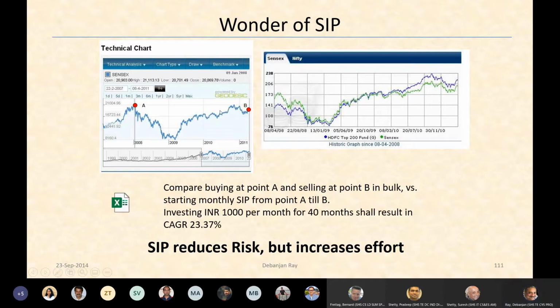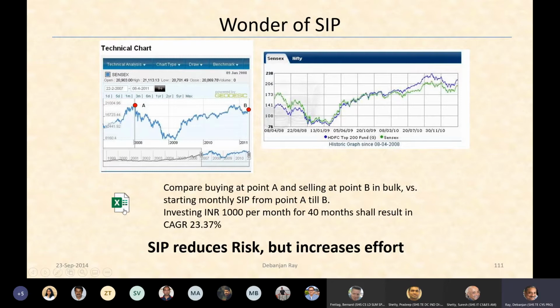Now imagine some people who have bought stock at this point of time, maybe some index stocks, and they fail to sell those stocks. Now after 3 years, what will be the value of the stocks? The same as whatever they purchased earlier. So it will be almost zero growth. Now, here is the wonder of the SIP.